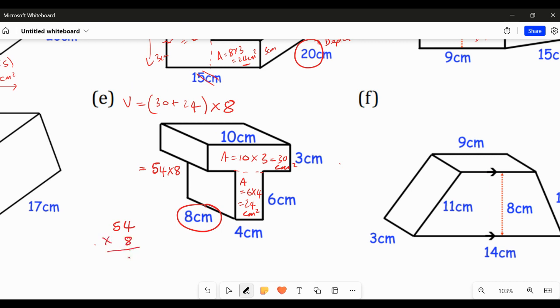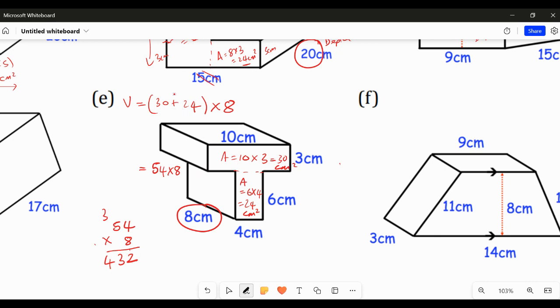Now 8 times 4 is 32. 8 times 5 is 40 plus 3 is 43. And so that comes to 432. Let's just double check. 30 plus 24 is 54. 8 is my depth. So what am I doing?